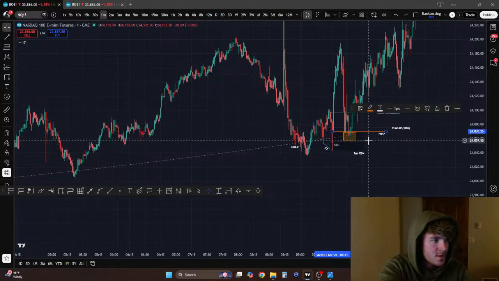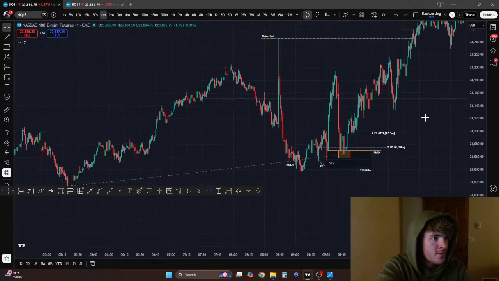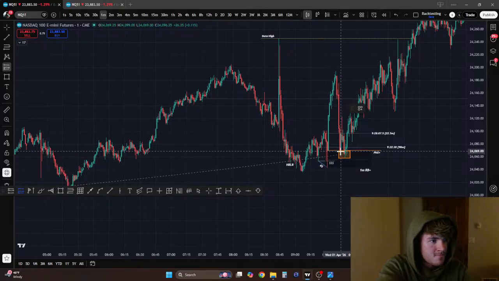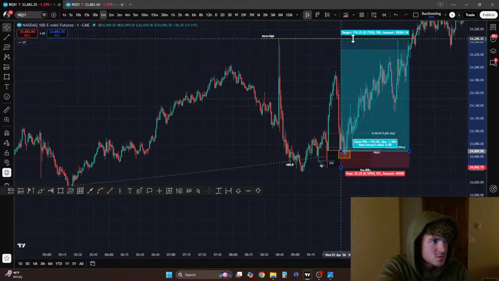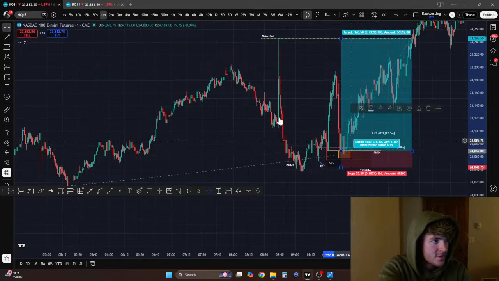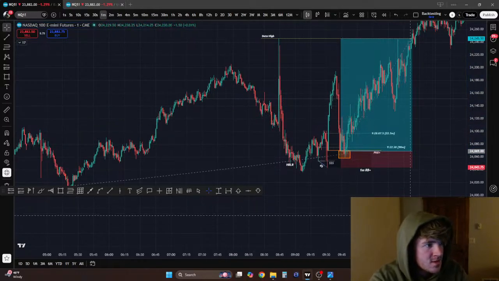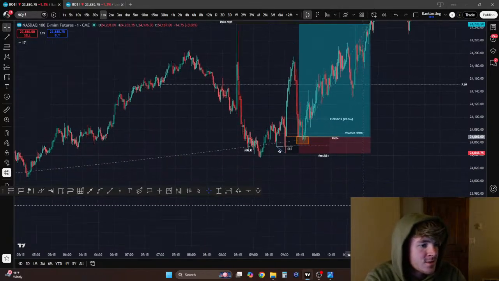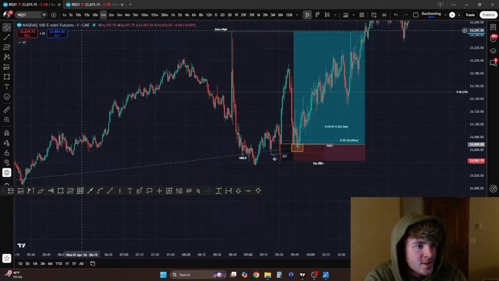So anyway, from that Phoenix entry to that data high, that is 7R perfectly. It's a pretty nice trade, honestly. But it's a scary trade.